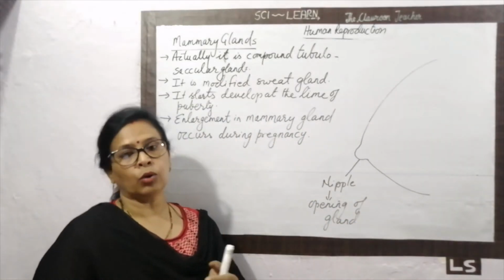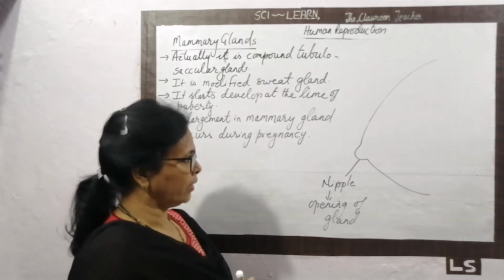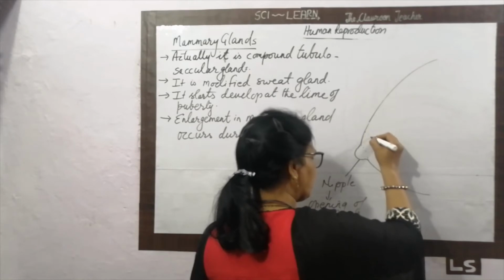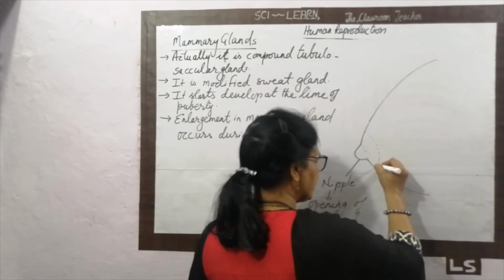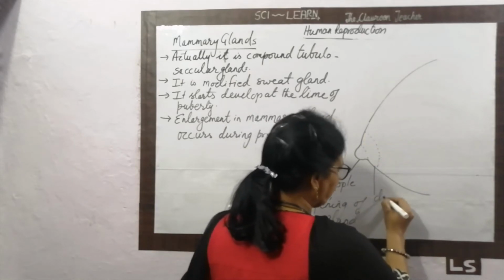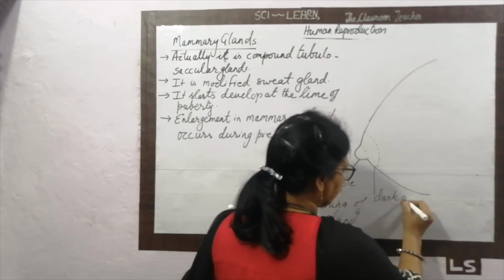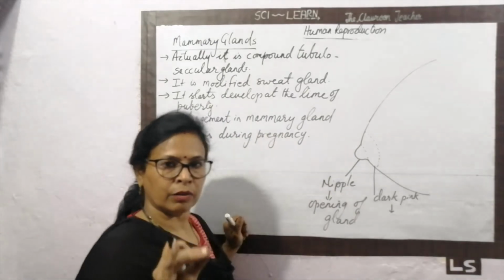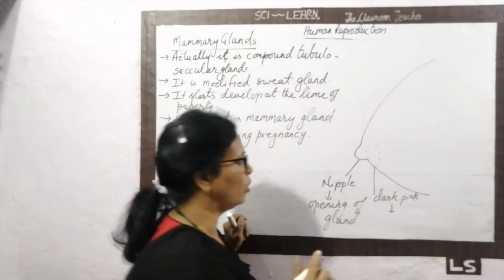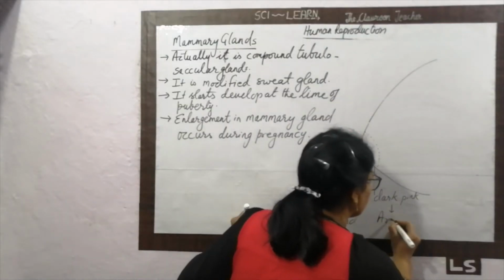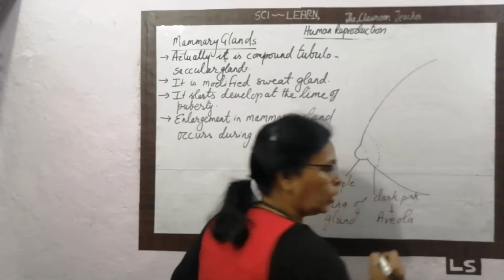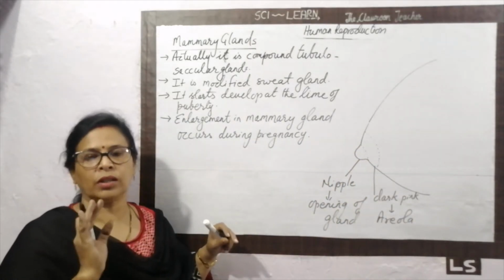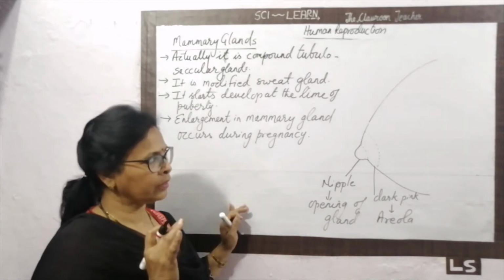Inside this, one dark pink colored oval layer is present, called the areola.